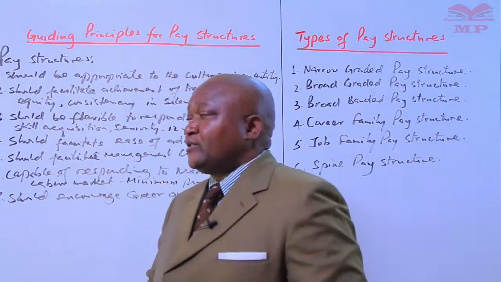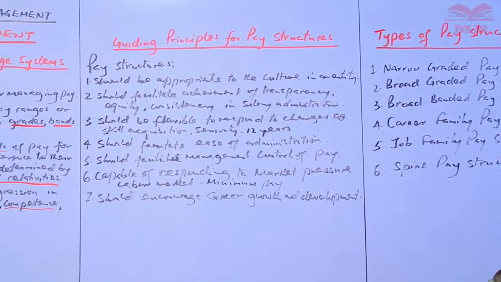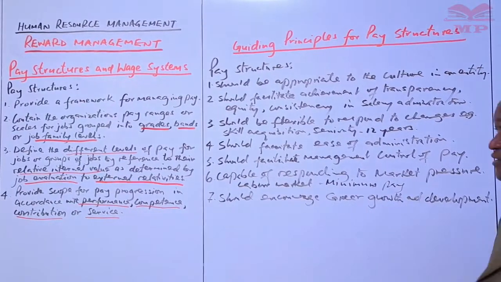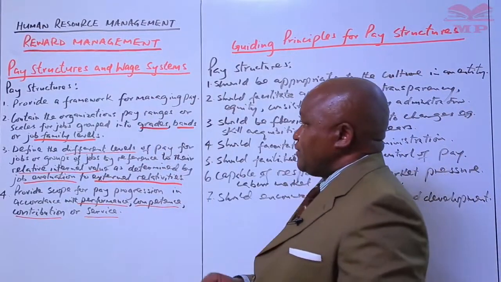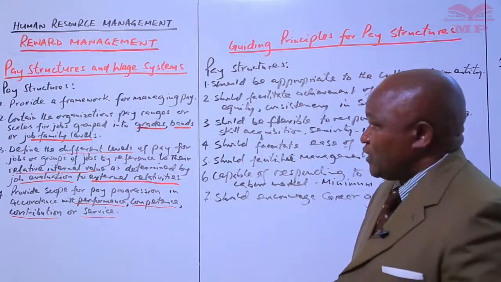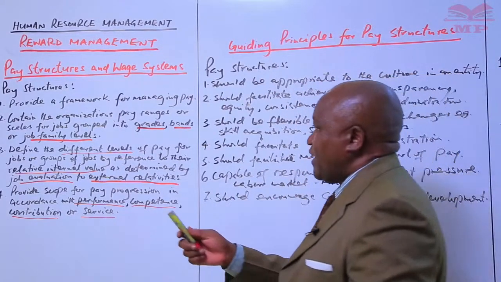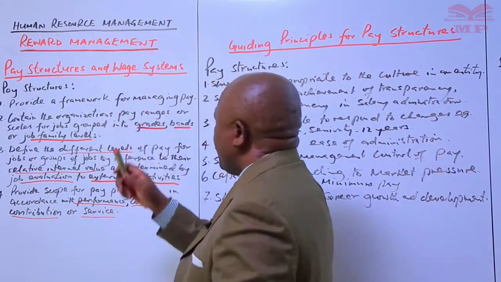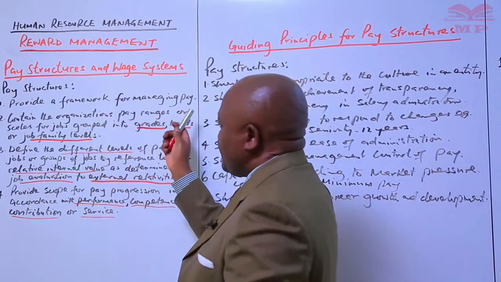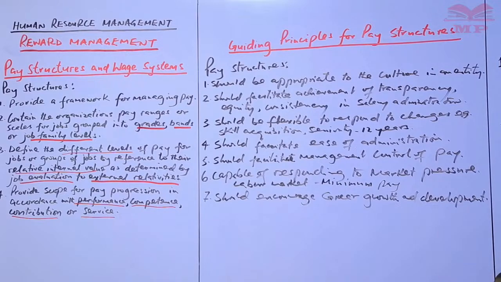of payment of workers. So, dear learner, in today's lesson, we have looked at the reward management topic, and in that topic we have looked at the area of pay structures and wage systems. Initially we looked at what pay structures provide. Number 1, pay structures provide a framework for managing pay. Number 2, they contain the organization's pay ranges or scales for jobs grouped into grades, bands, job family levels.